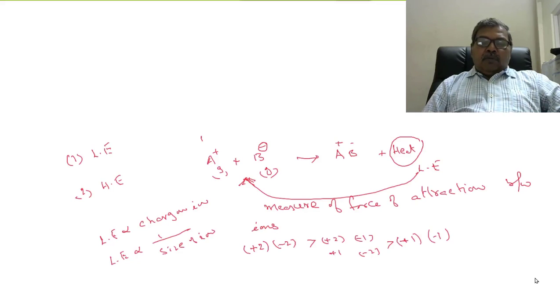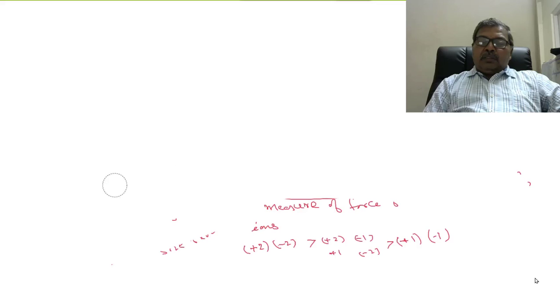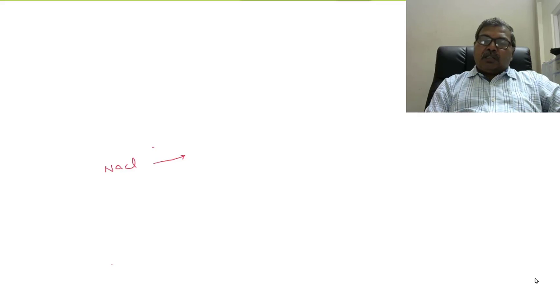Now, what is hydration energy? See, when an ionic compound is dissolved in water, it dissociates into oppositely charged ions. For example, NaCl is dissolved in water. We will get an aqueous solution of NaCl.